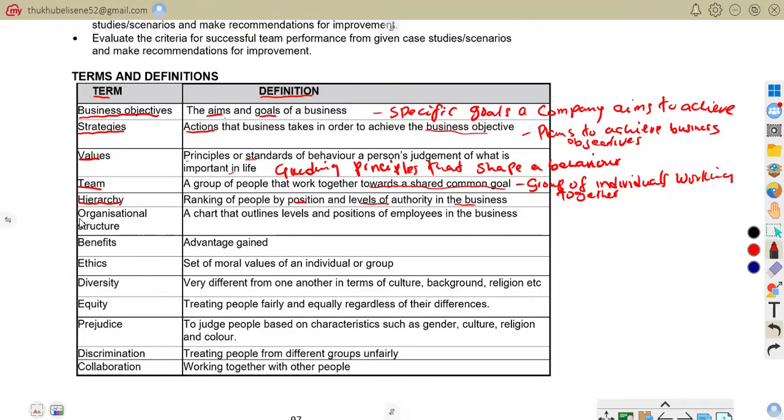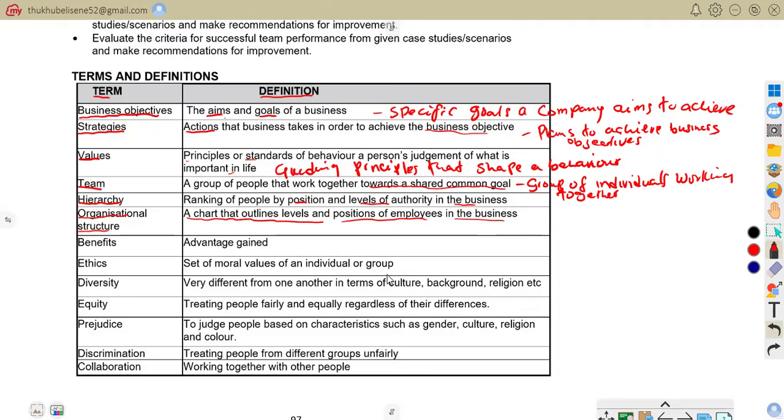Now we are coming to organizational structure. Like we've said, a hierarchy is an organizational structure with ranked levels. Organizational structure is a chart that outlines levels and positions of employees in the business.